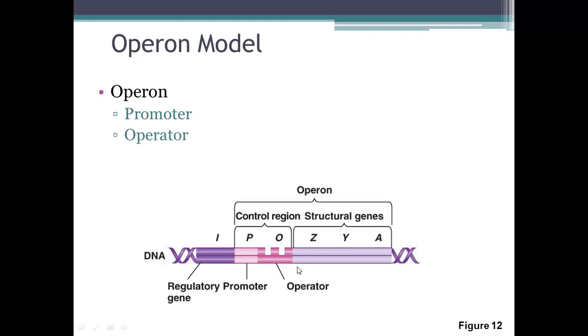The operator is the DNA segment found between the promoter and structural genes. It determines if transcription will take place. If the operator is turned on, transcription will occur. So here's your operator. The structural gene contains the genetic code. So here's your genetic code.